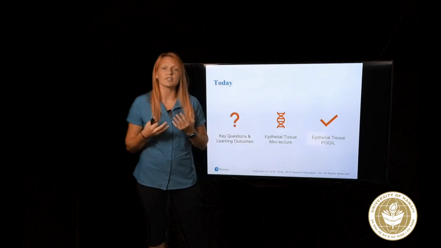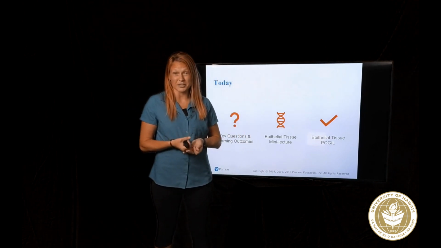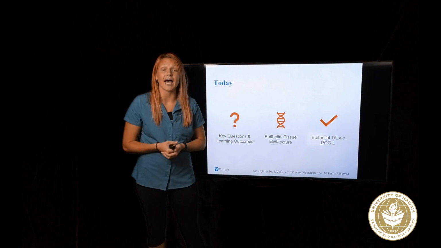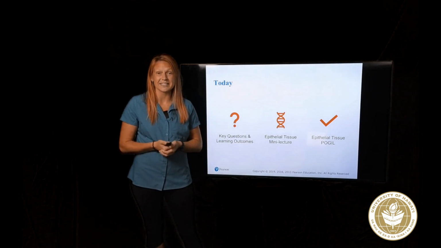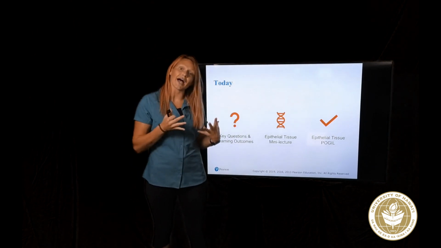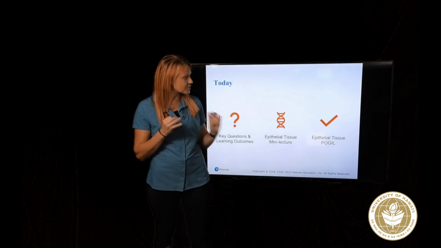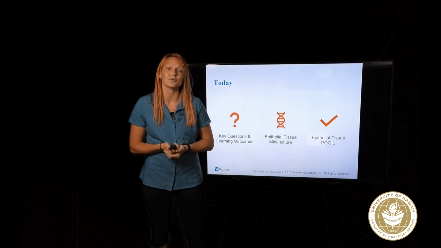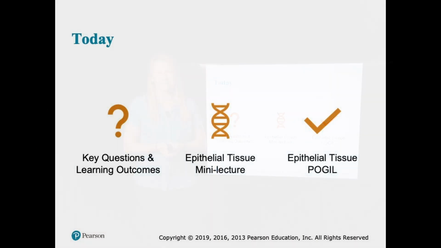So I kind of walk through some information that will help you answer some questions on that, and then give you some extra time today to work on that activity. Because if we actually were in class, that's what we would be doing. I'd do this short lecture, and then you'd have time to work on that activity.